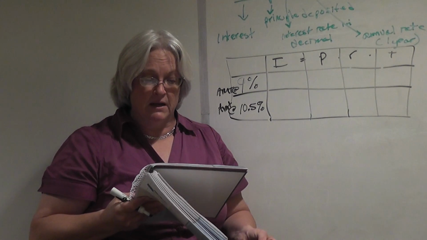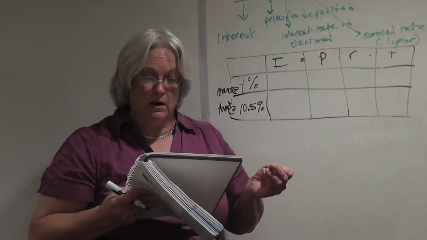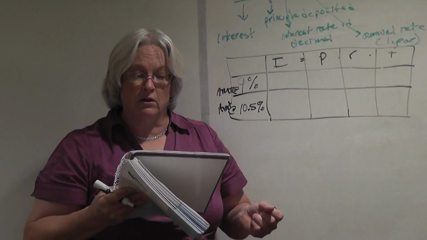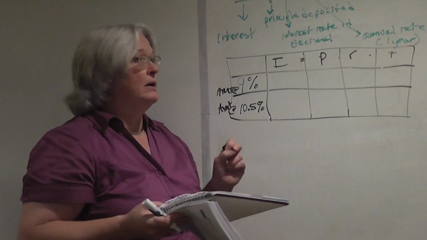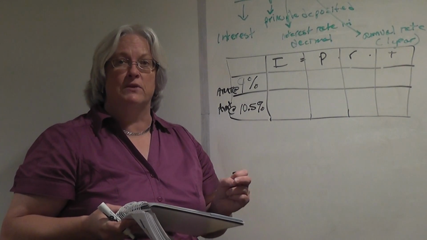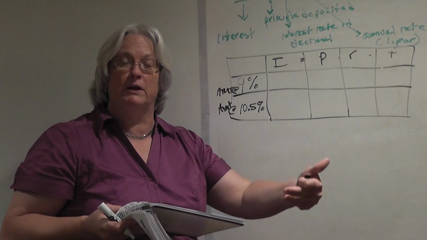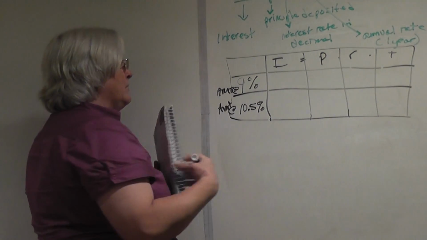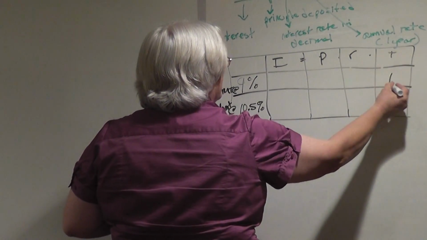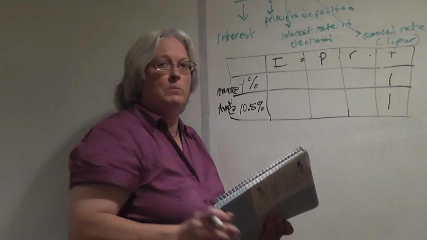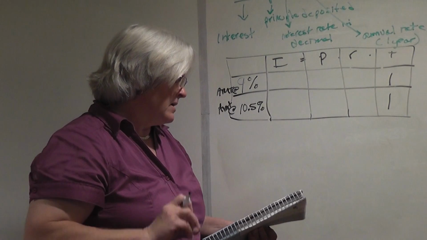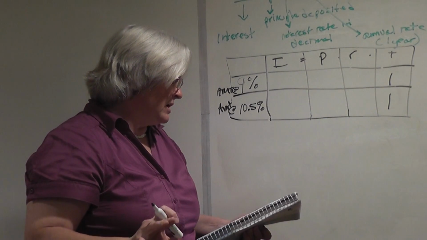Well, it says he makes $904.50 in annual interest. So that tells you that he has left this money in his interest-bearing accounts for 1 year. So the time is 1 for both of those. Both of those amounts were invested for the same time period.